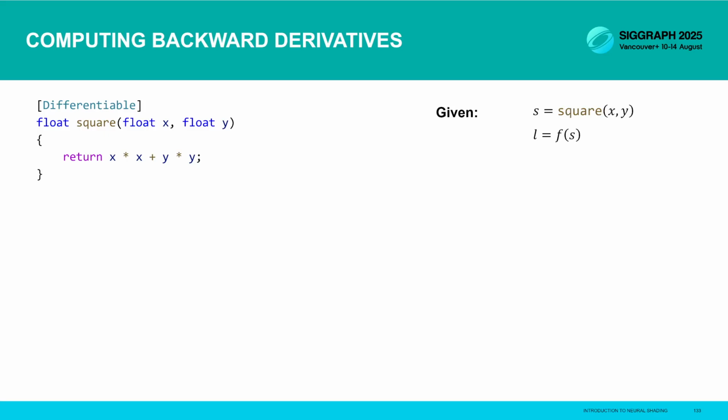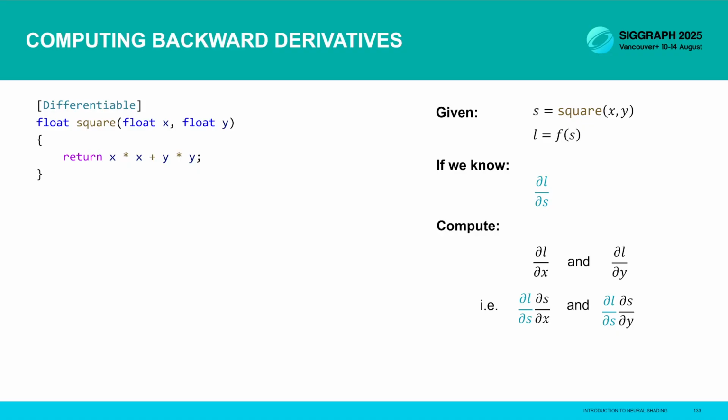This time, assume we have computed the term s by calling square, and then we use s to compute some downstream term l. Now, if we already know the gradient of l with regard to s, that is partial l partial s, the task is to find the gradient of l with regard to x and y, or more verbosely, find out partial l partial s times partial s partial x and partial l partial s times partial s partial y.